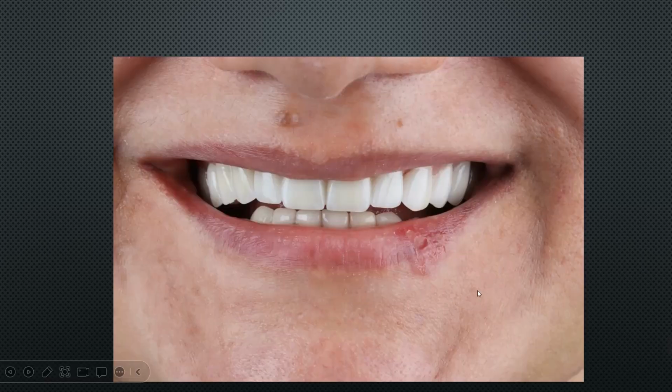After I finished this case, I knew there was something wrong. We didn't completely fix the problem of the reverse smile. We didn't increase the vertical dimension. We just cut her teeth down and restored them, and we see here the canine.